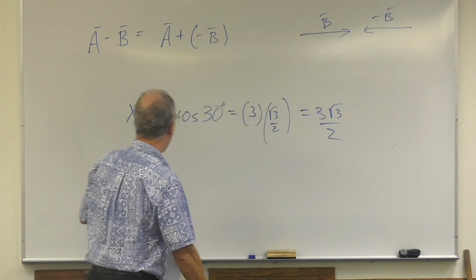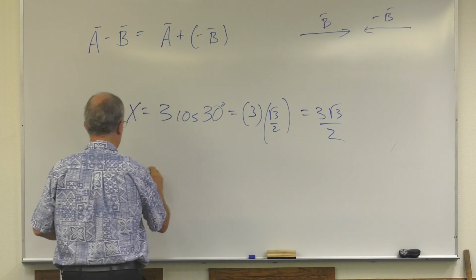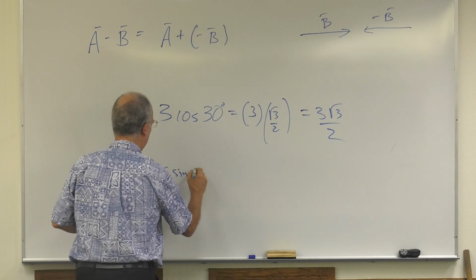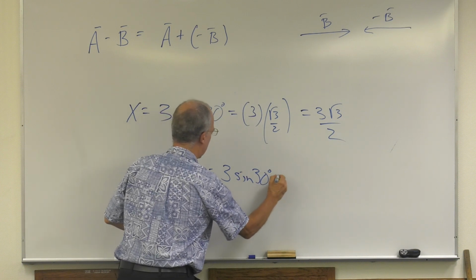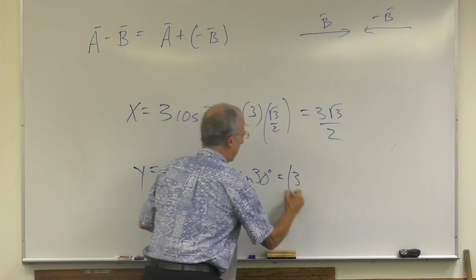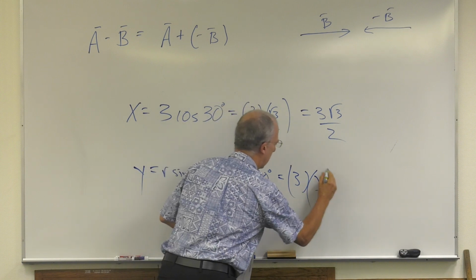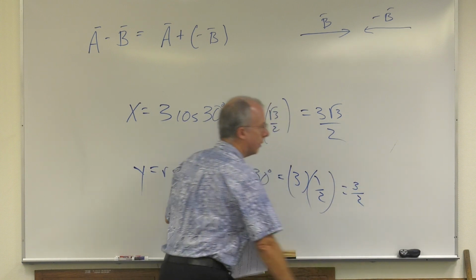All right, y is r sine theta, which is 3 sine of 30, which is a half, so you get 3 halves.